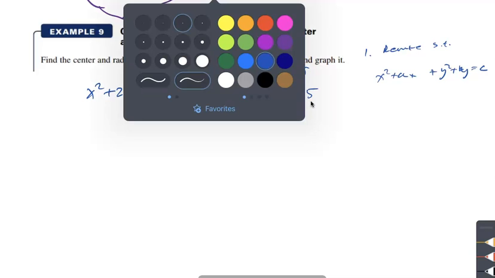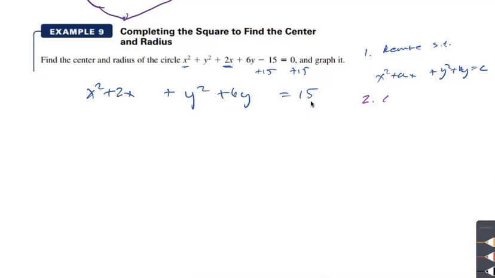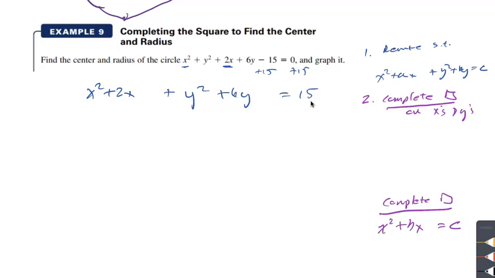And then next, we're going to complete the square on x's and y's. Again, this will be mostly a review. The way we complete the square, the basic one, we'll do a more advanced one later, is you want to get x² + bx alone and something on the other side.